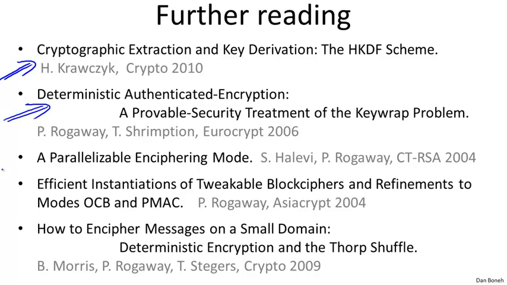The EME mode that we described, which allows us to build a wide block pseudo-random permutation, is described in this paper here by Halevi and Rogaway. Tweakable block ciphers, which led to the XTS mode of operation used for disk encryption, are described in this paper here. And finally, format preserving encryption is described in this last paper that I point to over here.